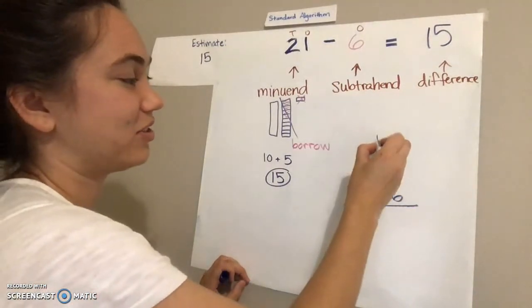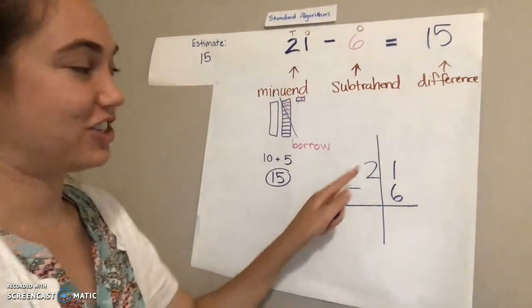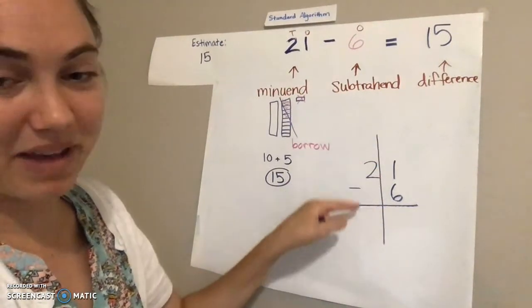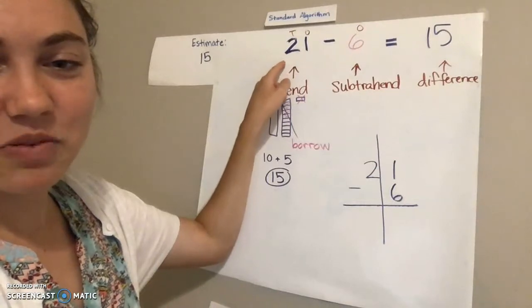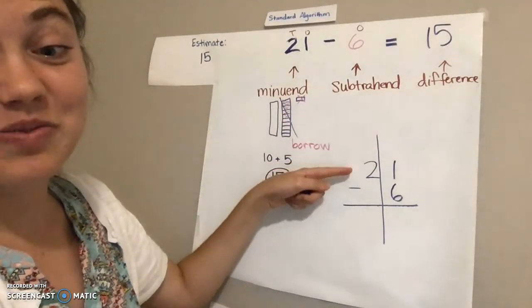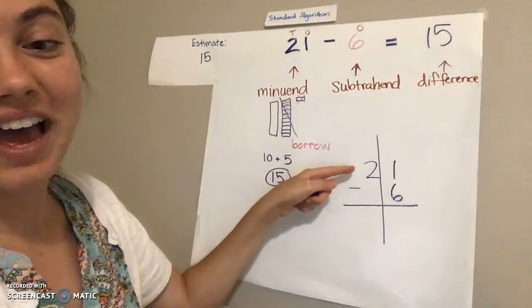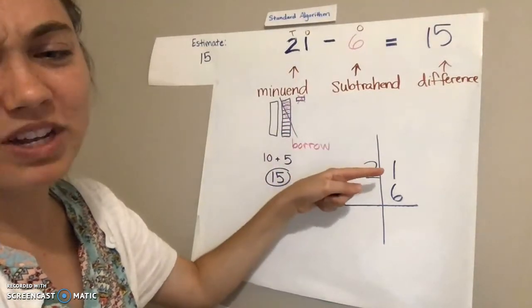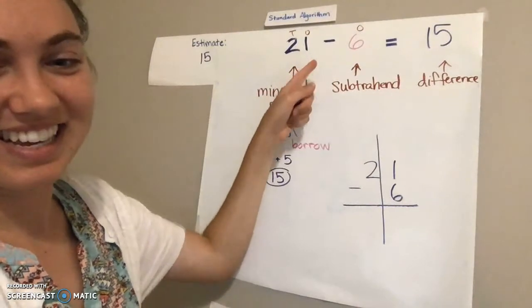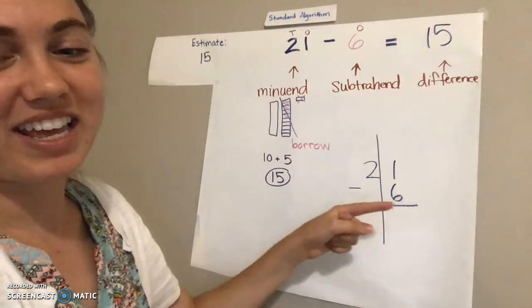So I'm going to draw a line through to show my ones and my tens. In 21, in my minuend, I had 2 tens. And how many ones? 1. Okay, look at my subtrahend, 6.